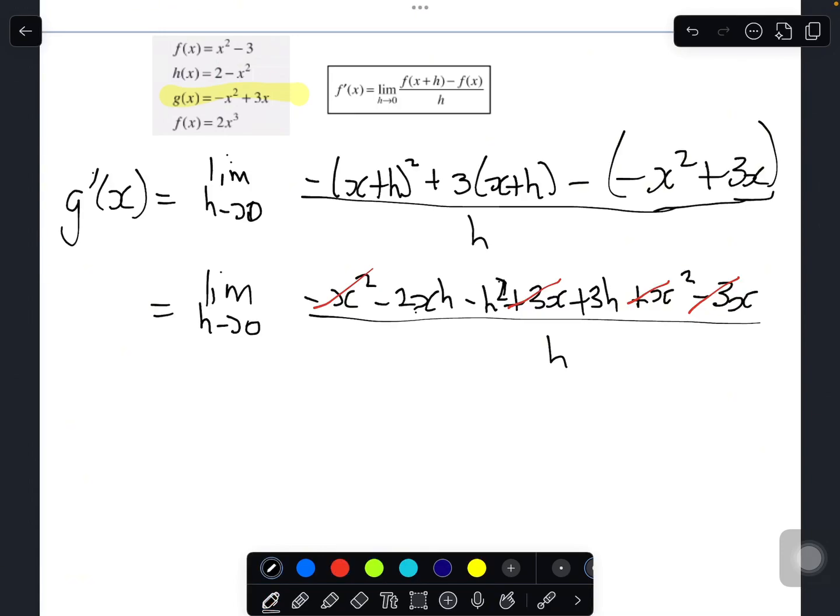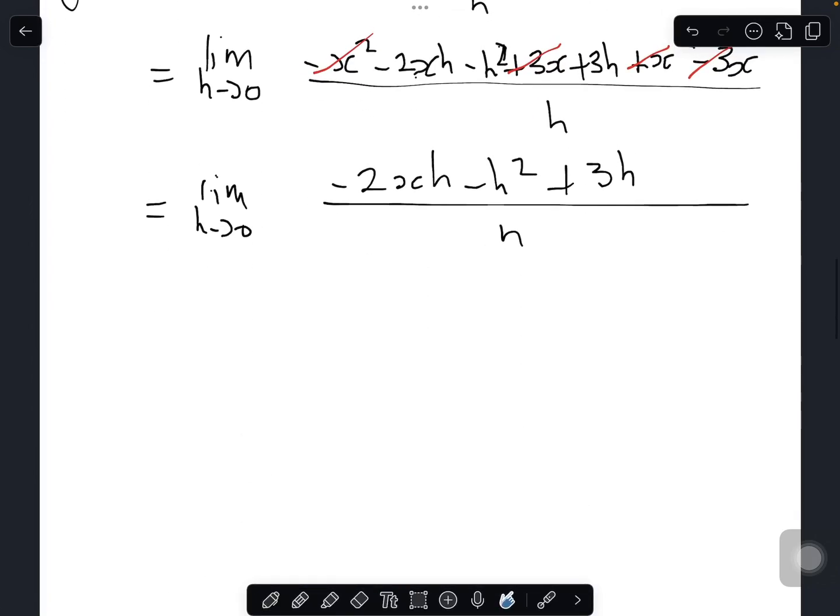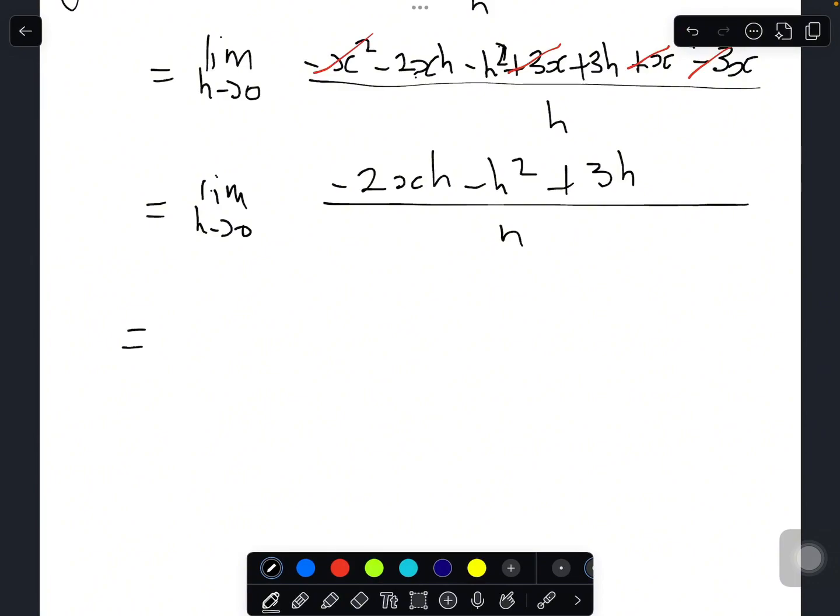So now I'm going to move on to taking out my common factor of h. So I'll have a limit as h approaches 0, and that's going to be negative 2xh minus h squared plus 3h all over h, and then I'll now get the limit as h approaches 0.